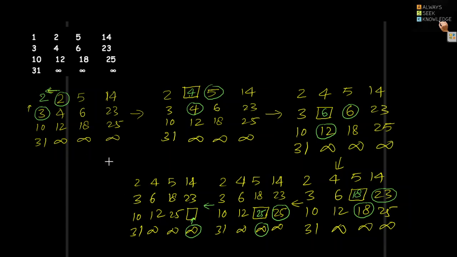So the final tableau will look like 2, 4, 5, 14. Then you have 3, 6, 18, 23, then 10, 12, 25, and infinite, then 31, infinite, infinite, and infinite.